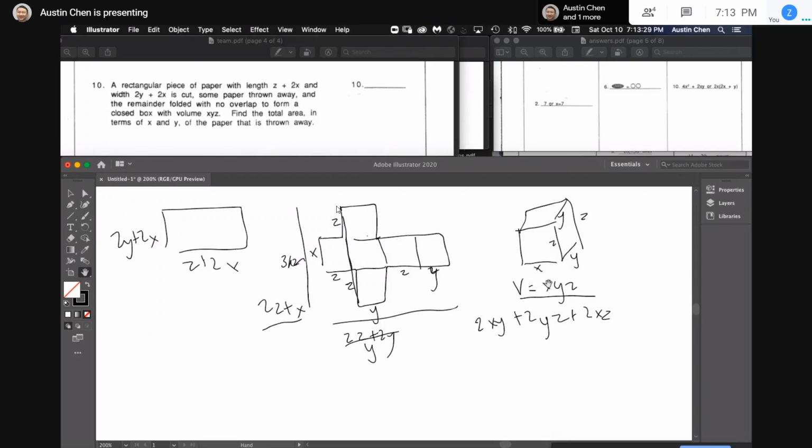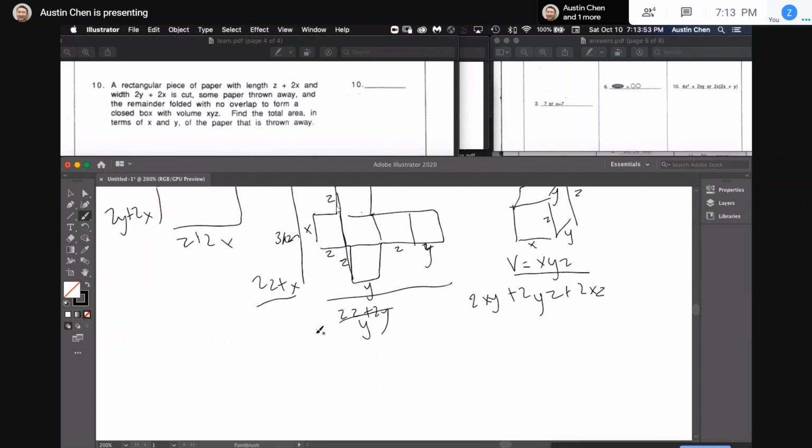It's not saying that x, y, and z are equal or anything like that, but it's saying x, y, and z can be interchangeable and everything would still be the same, which means that with our formulas here, we can interchange x, y, and z.